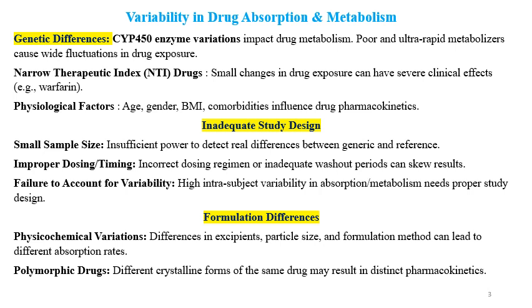Improper dosing or improper dosing timing may lead to an incorrect dosing regimen, and inadequate washout periods can result in failure. Then failure to account for variability. If variability is there and it is not calculated or checked, then there are high chances of bioequivalence failure. High intrasubject variability in absorption and metabolism needs proper study design.